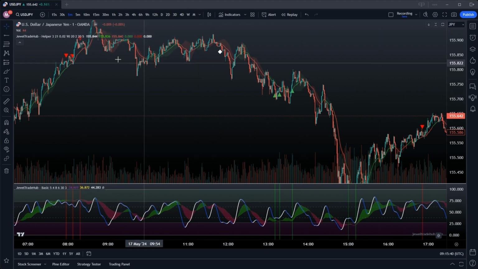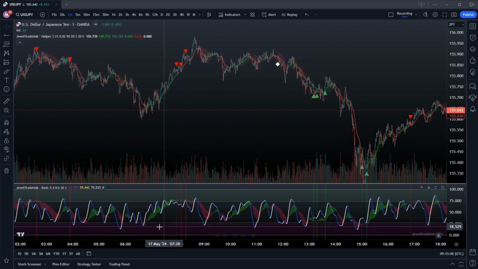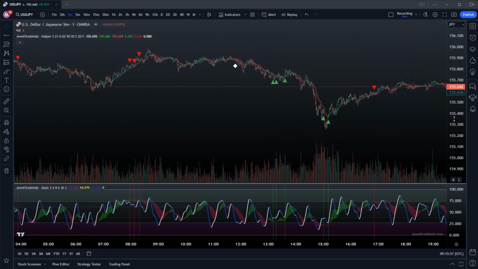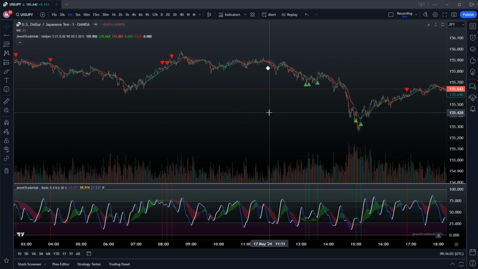But I'm going to add more on-chart visual cues and help based on that. Not so much adding more to the basic one, but adding more around it, and what helps make better calls. So this is something you want to be on the lookout for.